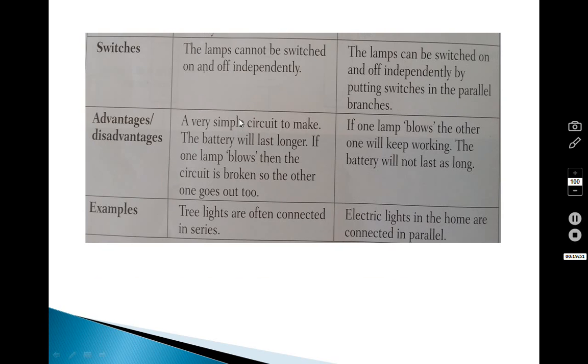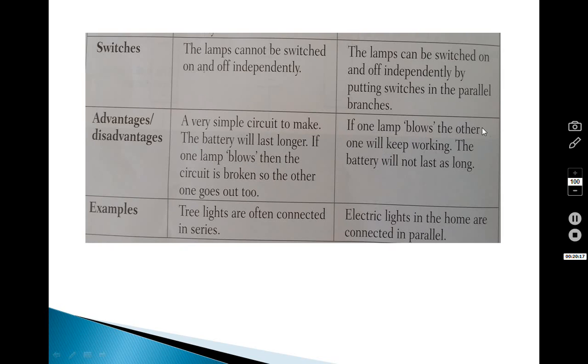Advantages and disadvantages of the series connection. It's a very simple circuit to make. It's not complicated. The battery will last longer. If one lamp blows, then the circuit is broken, so the other one goes out too. Here it is different.